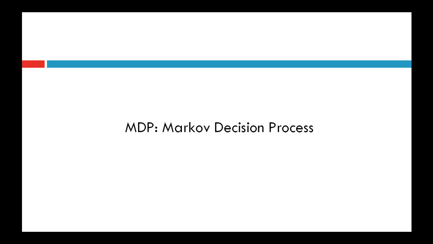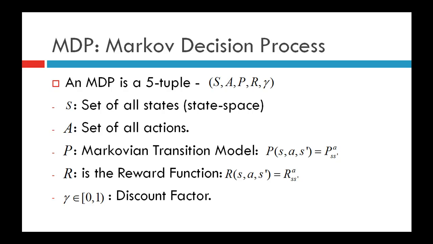So here comes the Markov decision process. A Markov decision process is a 5-tuple defined as S, A, P, R and gamma, where S is the set of all states, or the state space, A is the set of all actions that the agent can take in a given state, P is a Markovian transition model, or the stochastic transition matrix, whose components P(s, a, s') give the probability of making a transition to state s' when the agent takes the action a in state s.